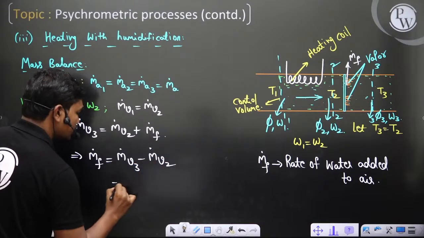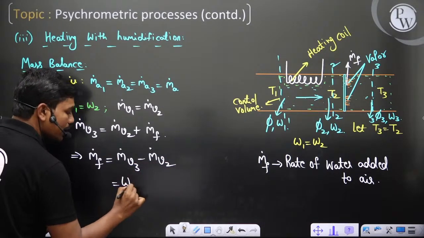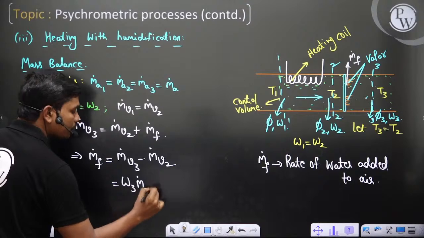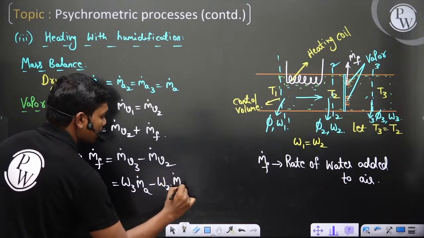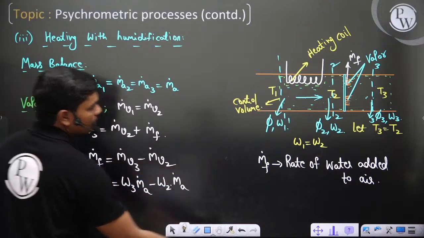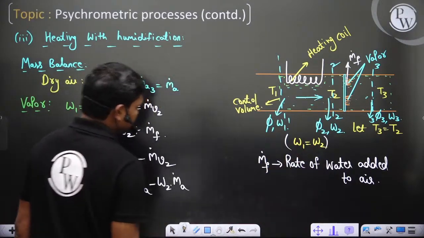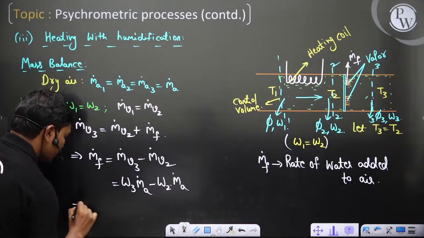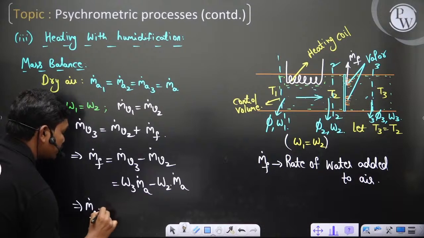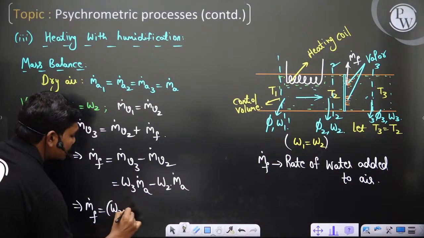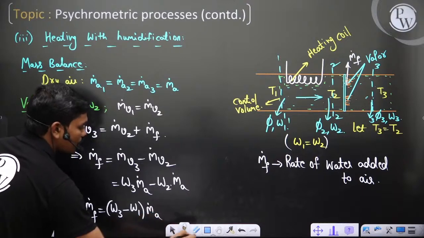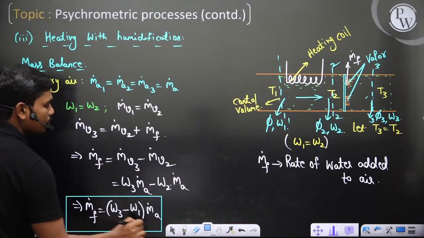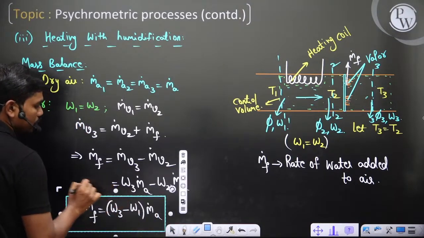M dot V3 can be written as omega 3 times M dot A, because all these three are the same, minus omega 2 times M dot A, and omega 2 can be replaced with omega 1 because this part is sensible heating. So M dot F is equal to omega 3, exit minus inlet, the difference in specific humidities, times M dot A. This is how you apply simple mass balance, and you can calculate the quantities.